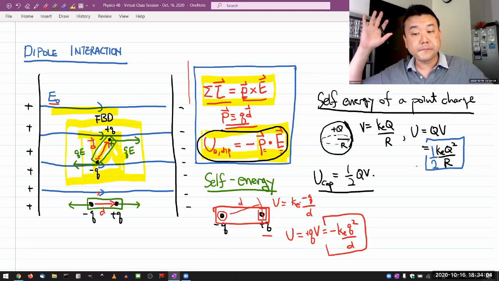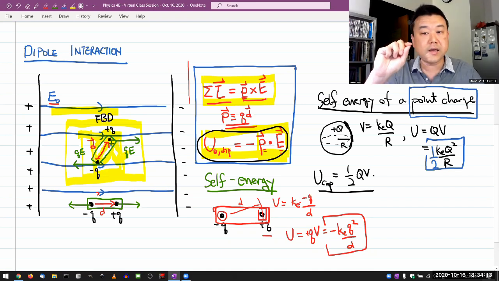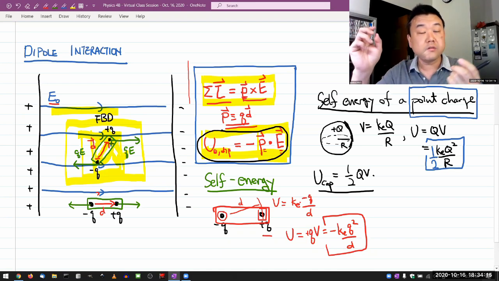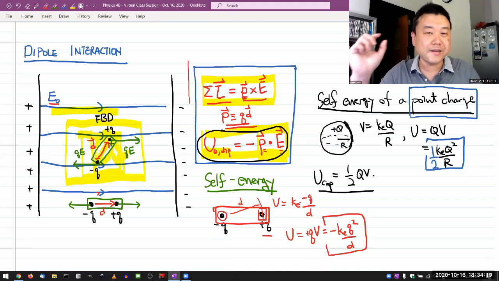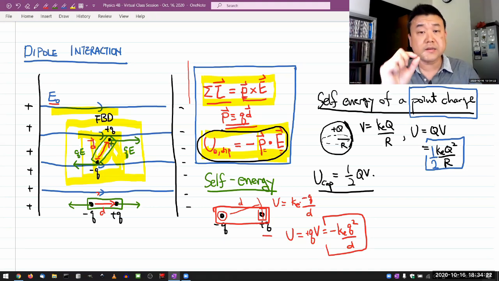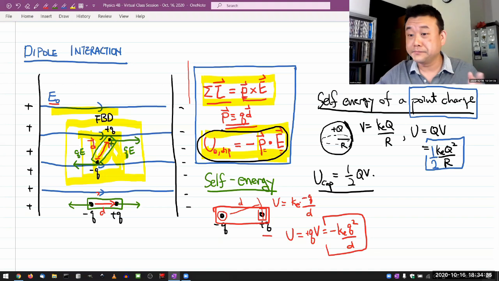And when I talk about a point charge, a point charge is something that's at a singular point in space. It doesn't have a finite radius R. To the greatest extent we can determine, it's at a singular point. An electron is an example of a real-life point charge, as in we don't know a structure of an electron, there's no such thing as a size of an electron.